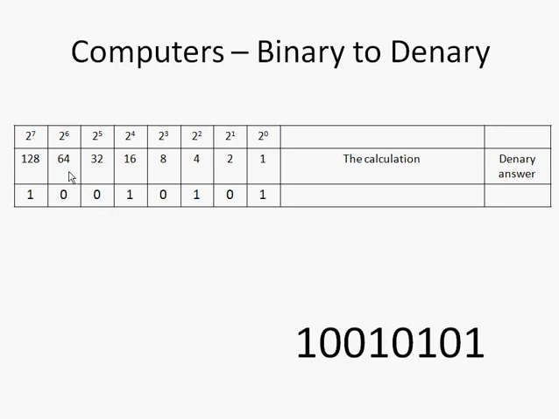Anywhere there is a 0, we don't use the number above in our calculation. So we're going to use 128, but we're not going to use 64 or 32. We are going to use 16 because there's a 1 underneath it. We're not going to use 8. We're going to use 4. We're not going to use 2. And we're going to use 1 on the end here because there's a 1 underneath it.